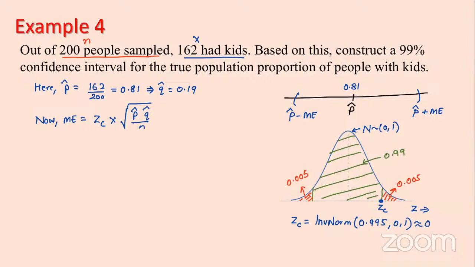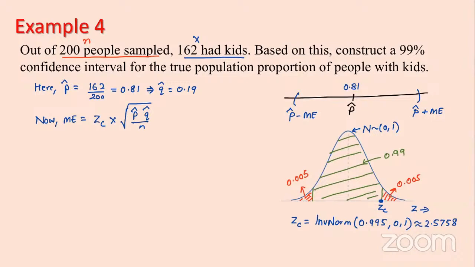Very good, 2.5758. You said 2 point, I wrote 0 point. That is my bad. 2 point. Yeah, 2.5758, perfect. Very good. We are going 99%. So 2.5758 is your Z critical.